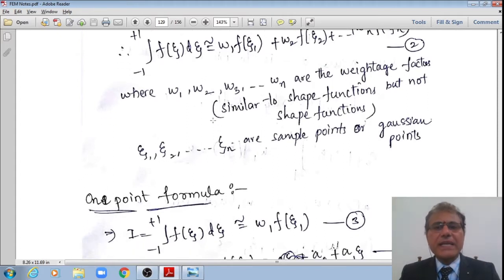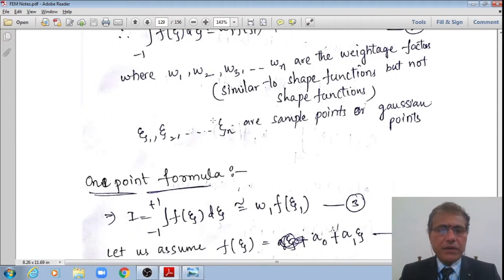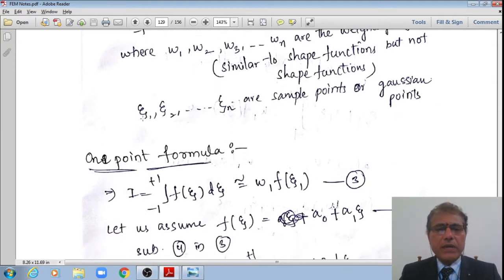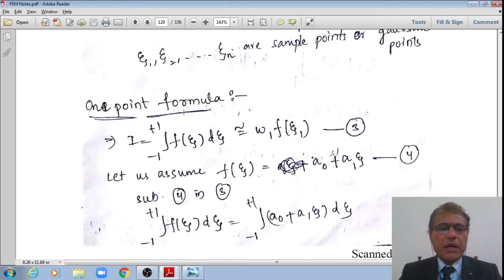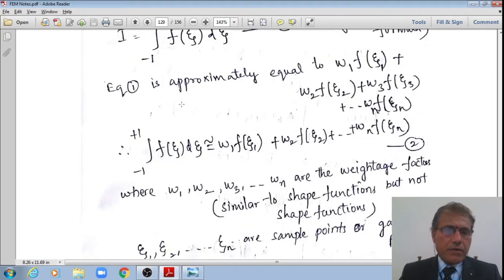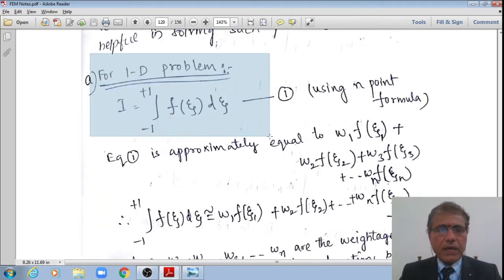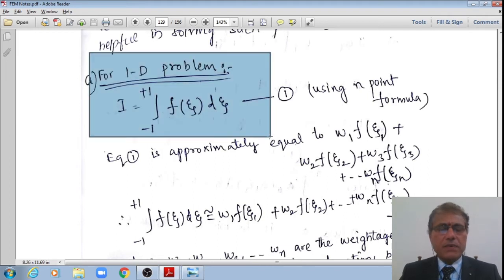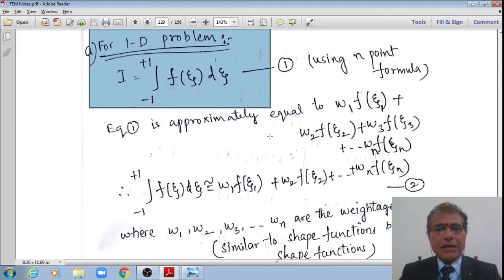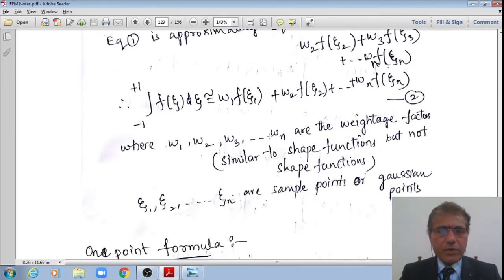These are the weightage values. And ξ1, ξ2, up to ξn are the sample points, or sampling points, also called Gaussian points. This is how the integral of a one-dimensional problem, from -1 to +1 of f(ξ) dξ, can be evaluated using the n-point formula.